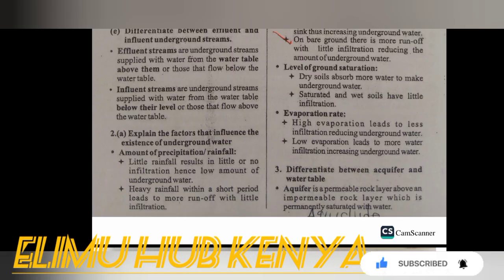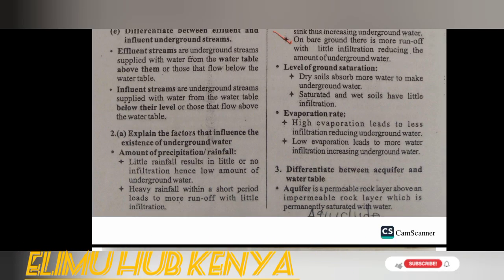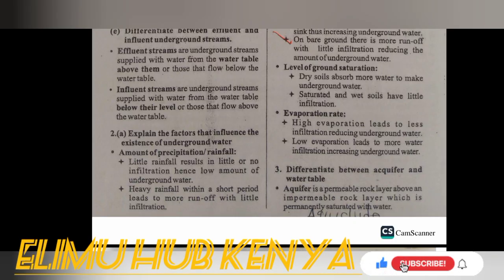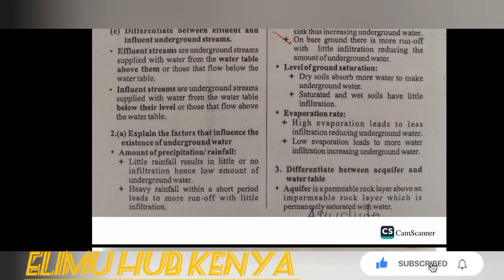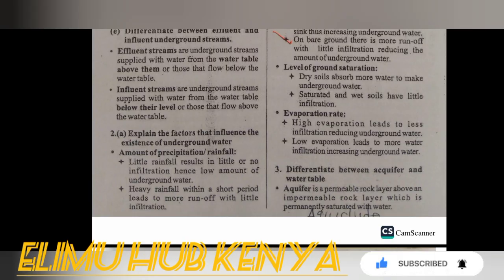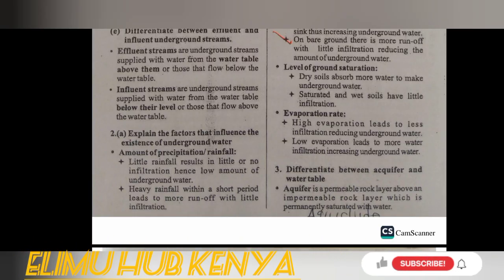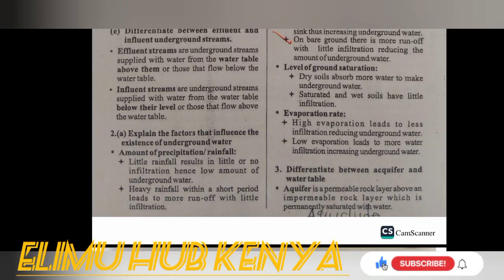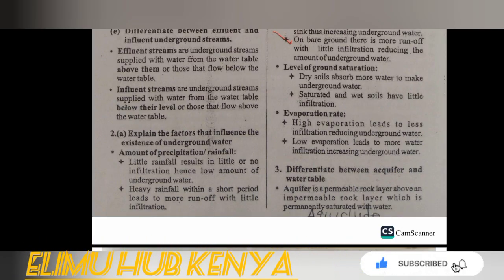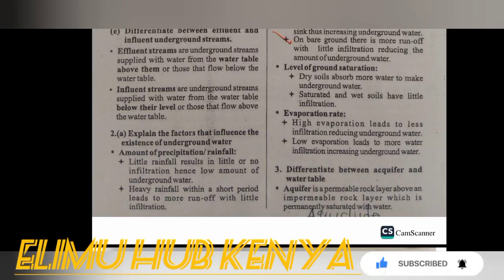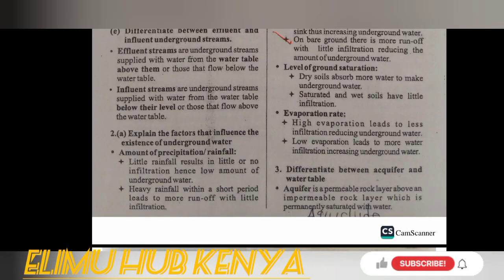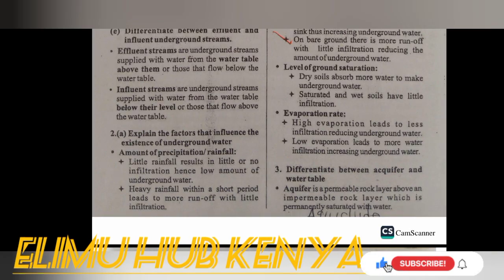And when we talk about the amount of rainfall that normally infiltrates the ground, it solely depends on the amount and intensity of rainfall, whereby light rain which falls over a long period of time normally gives time for infiltration to take place more than a heavy downpour which is short-lived, hence saturates the surface of the earth, blocking the passage through which the water infiltrates, hence less infiltration takes place.